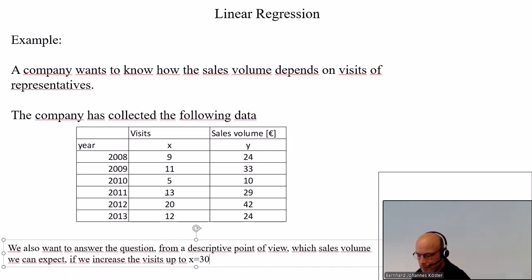And now you think of the idea, would it be a good idea to increase in general the number of visits? Actually, maybe to hire a new person, to increase this to the number of 30. What can I then, out of my historical data, expect? What would be then maybe the new sales volume?